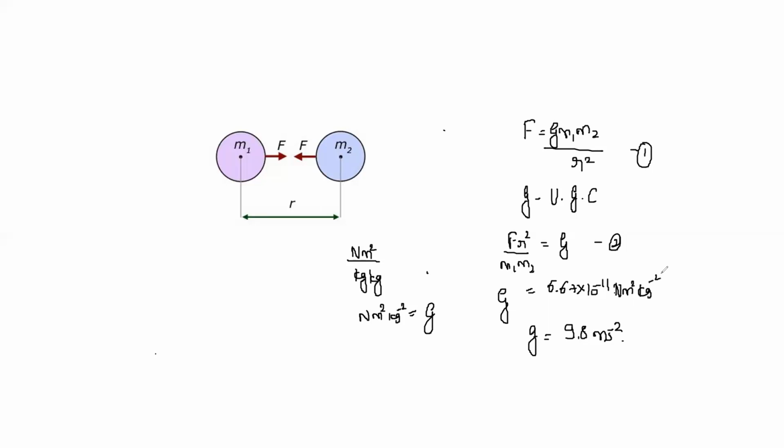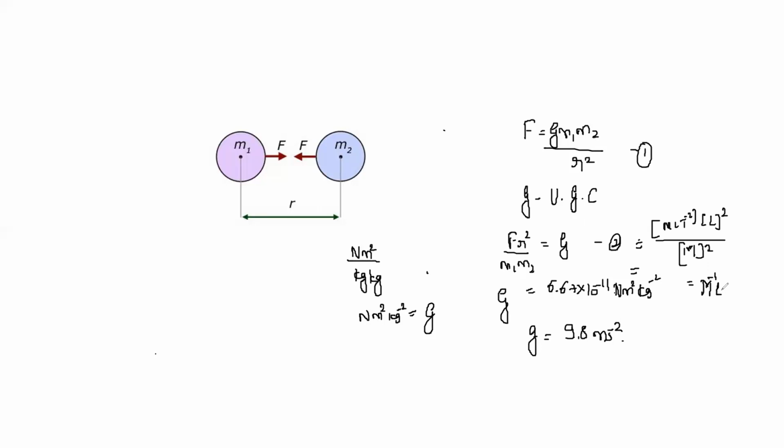Then what is the dimensional formula here? The dimensional formula for force is M L T raised to minus 2. For r square, it is L square. Divided by m raised to 2, so m divided by m square becomes M raised to minus 1.